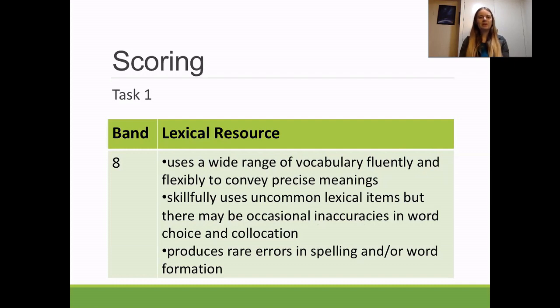So you're using some uncommon words or phrases, but it might not be 100% perfect and natural, which is to be expected and fine, but it's still a really high level of English that's being used here. And produces rare errors in spelling and or word formation. So you can have mistakes, but they should be rare.